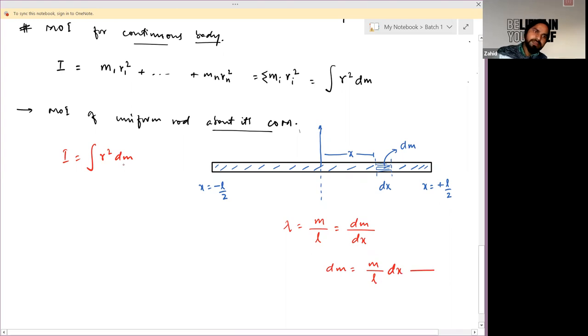Put this value in the formula, you will get integration of dm is m by l times dx, and r is the position of dm, which in this case is x. So it will be x square dx. M and L are constant, so take them outside.